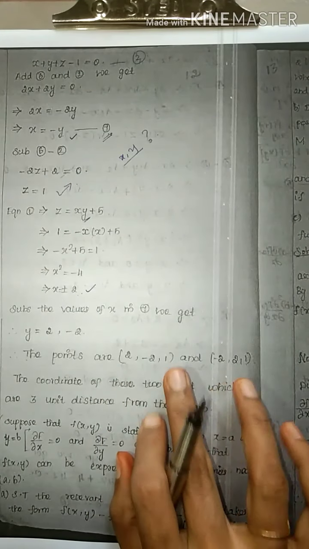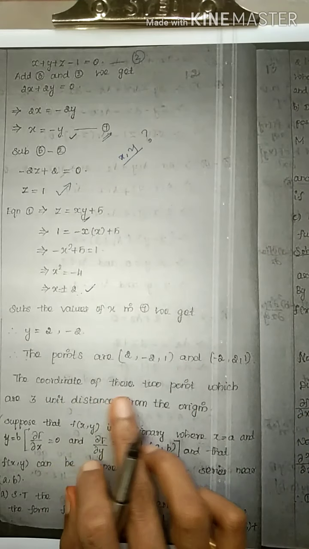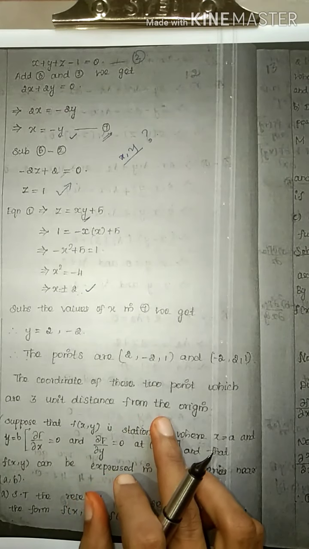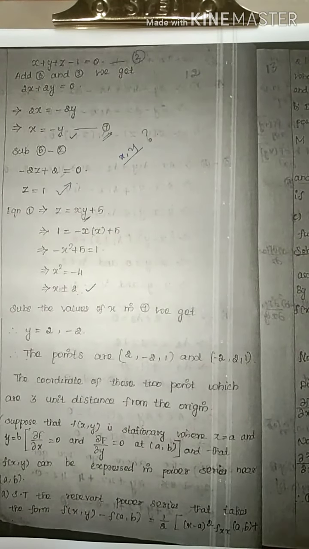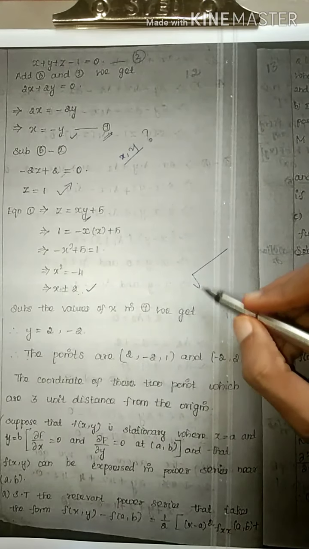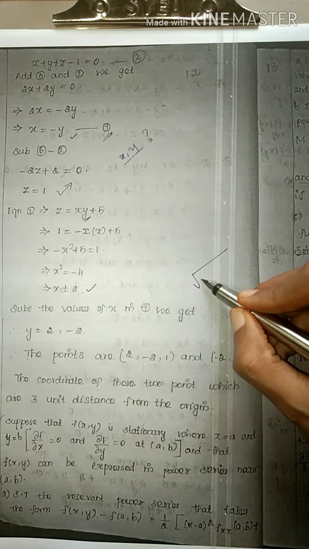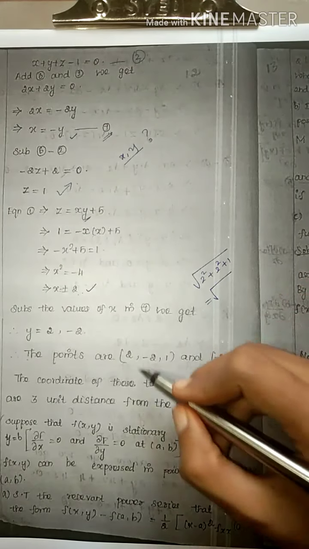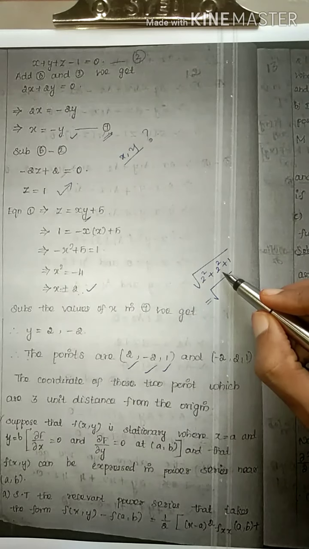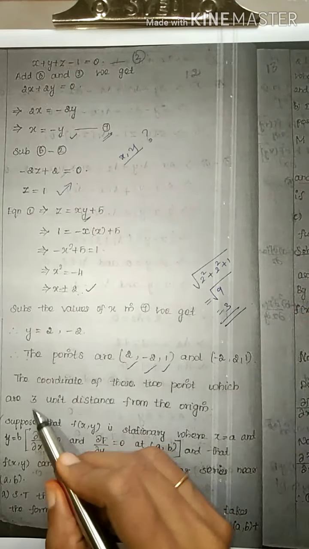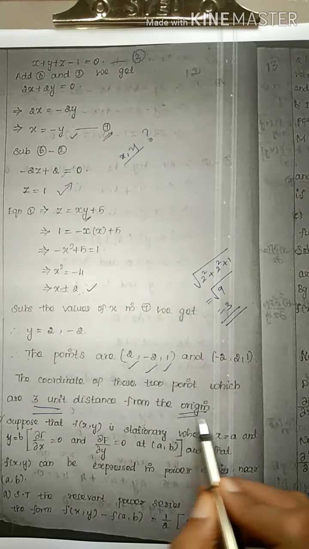These are the two points. The coordinates of these 2 points are at 3 units distance from the origin. To see the distance, here 2 square plus 2 square plus 1, which is equal to 9, square root is 3. So that is a 3 unit distance from the origin.